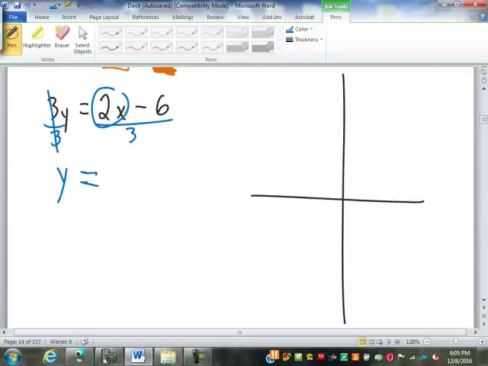Remember we said division and fractions are kind of interchangeable, different viewpoints of the same thing. 2x divided by 3 can just be 2 over 3x. Then I still have to divide the -6 by 3, which will be what? -6 over 3, which is -2, right? So where's that one going to start? -2, and from there it's going to go up 2 over 3. Perfect.